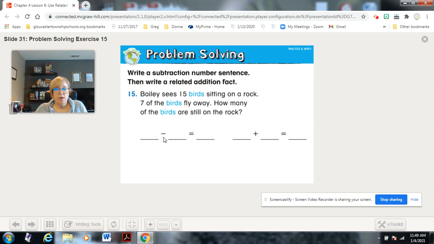Away means subtract. How many are left? And after you've solved the subtraction, write an addition number sentence that is related. Pause and solve. Okay. 15 minus 7, you need to subtract the 7 because that's what flew away, and the 8 are still on the rock. They took the 2 add-ins, and the sum is 15.